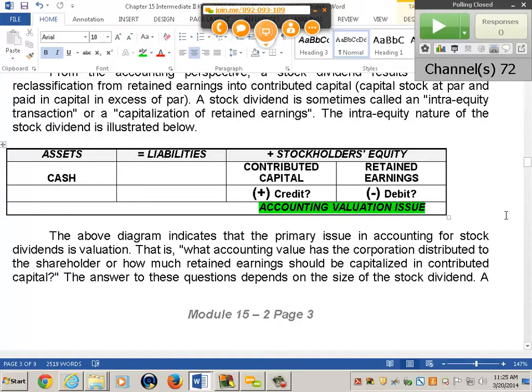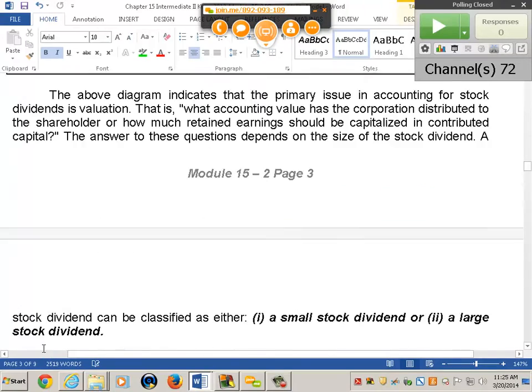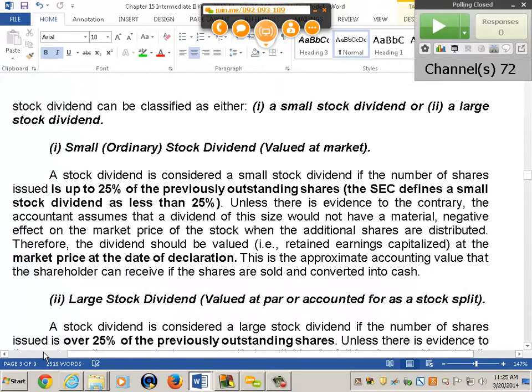It is a materiality test, and we're going to use a bright line of 25%. Essentially, we're going to look at dividends as being classified as either large or small stock dividends. And again, not very creative, but it's based on materiality.